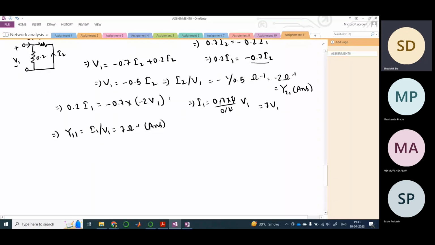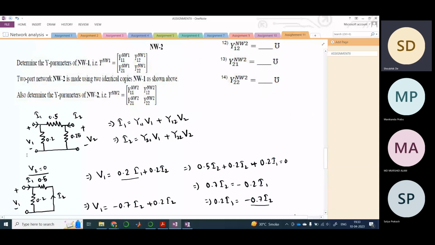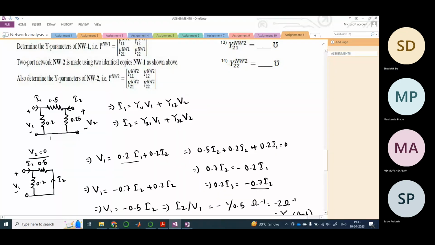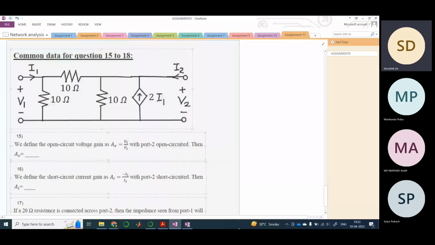Now we need to do V1 equals 0, right? So V1 equals 0 means this part will be shorted and this 0.2 will get nullified, right?